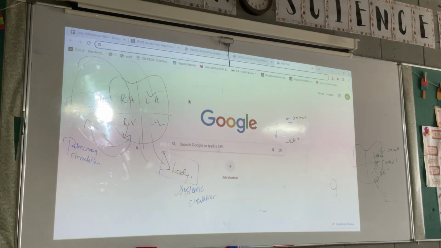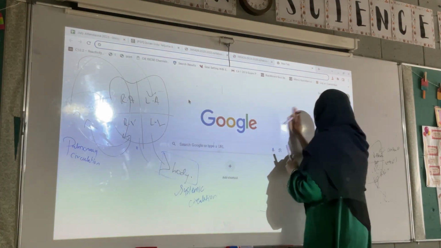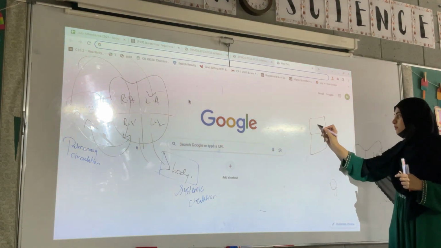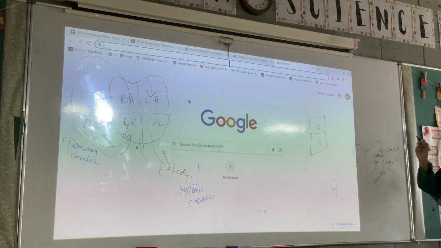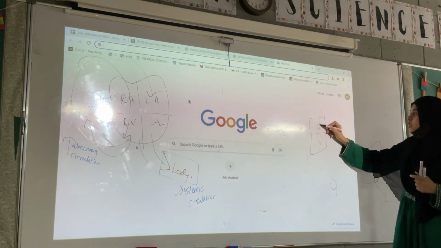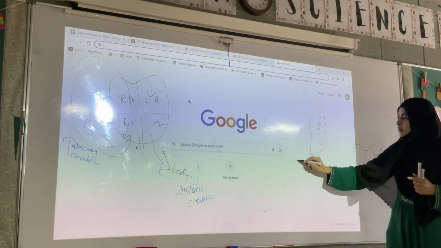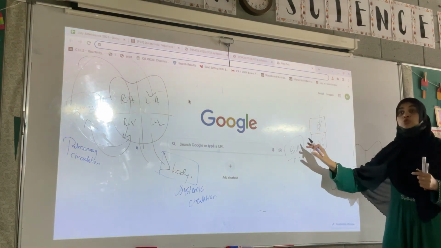What happens in fishes? Fishes only have two chambers. I just draw a simple one: atrium and ventricle. In fishes, deoxygenated blood first goes to the atrium, then to the ventricle. From the ventricle, since they don't have lungs, it goes to the gills.